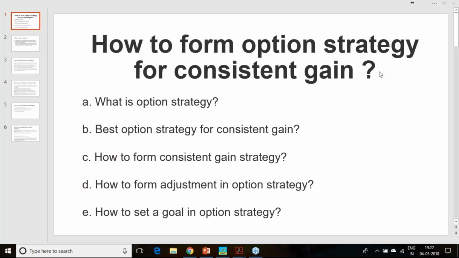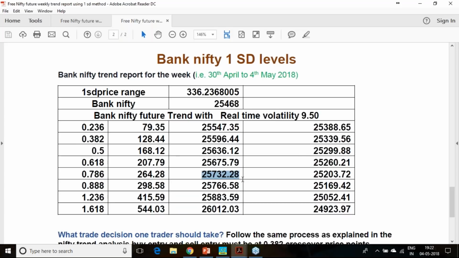Before I go to the session, we'll have a little bit of discussion on the trend part. What we have given last week and what trend has happened.